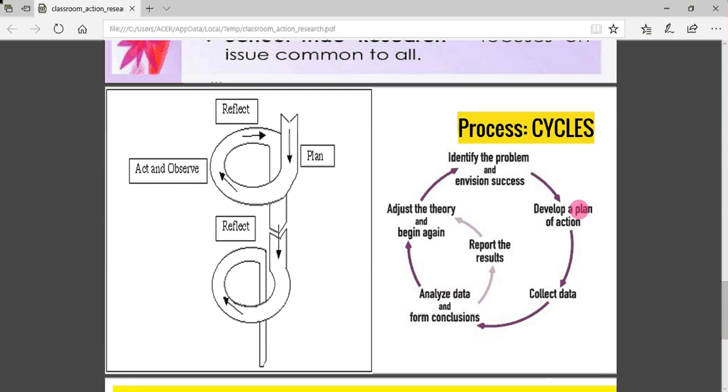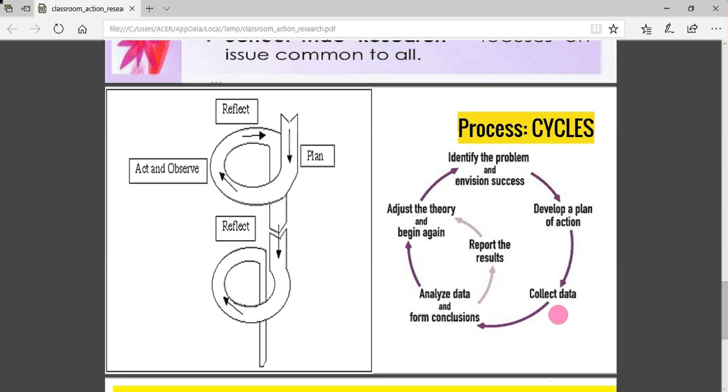Is it possible to employ another strategy? Yes, of course. For example, you want to use the local library for improving your students' horizons or points of view on how research is conducted. This is possible. You go to the classroom and implement your action.